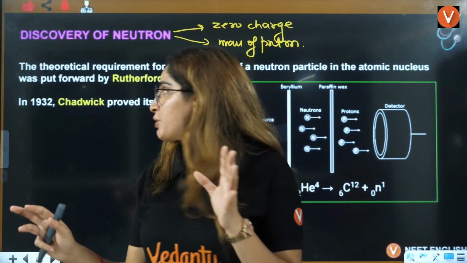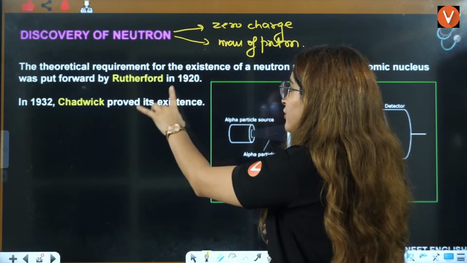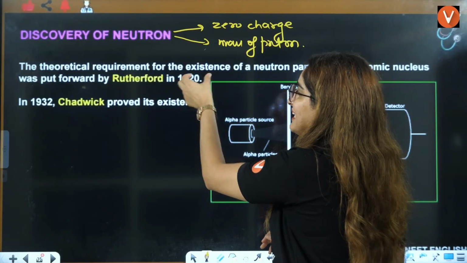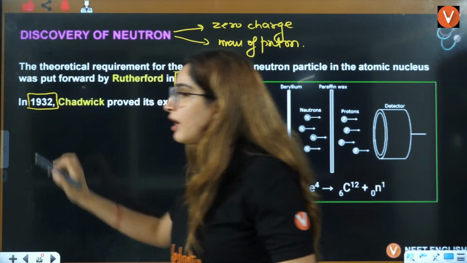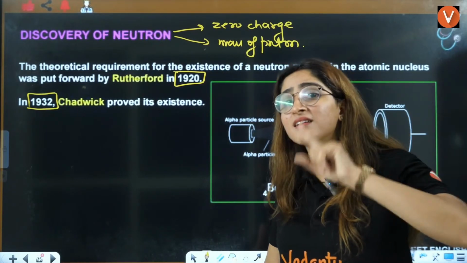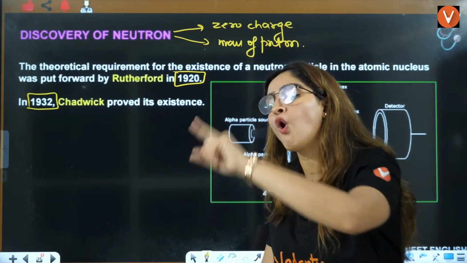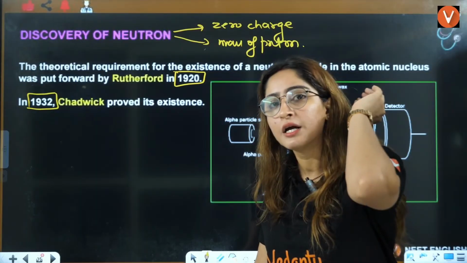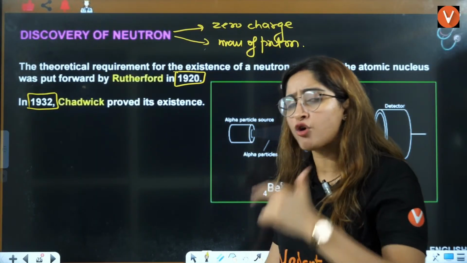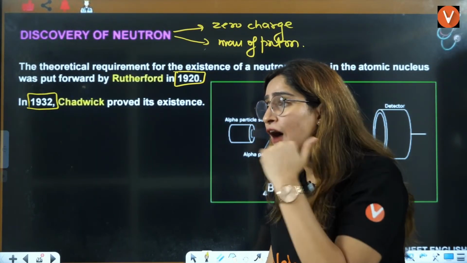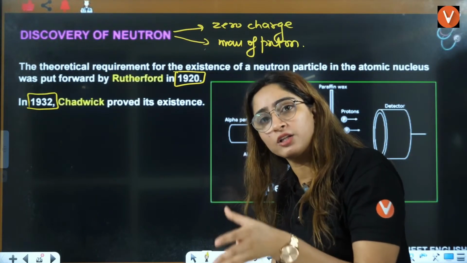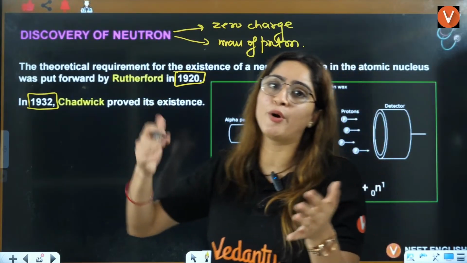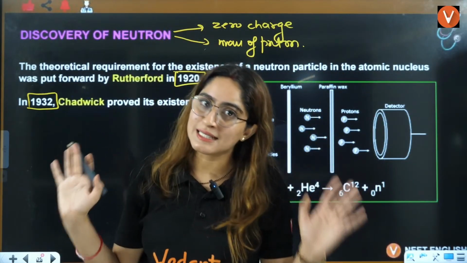So you need to remember that Rutherford model was there in 1920 and neutron was discovered in 1932. So that's why in Rutherford model you will have no talk about neutron. You will talk about electron, proton. After Rutherford discovered the structure of atom by Rutherford model, then we will put neutron into it, right?